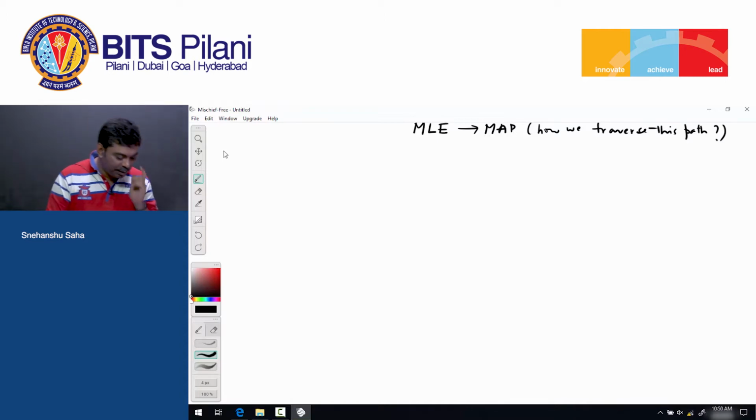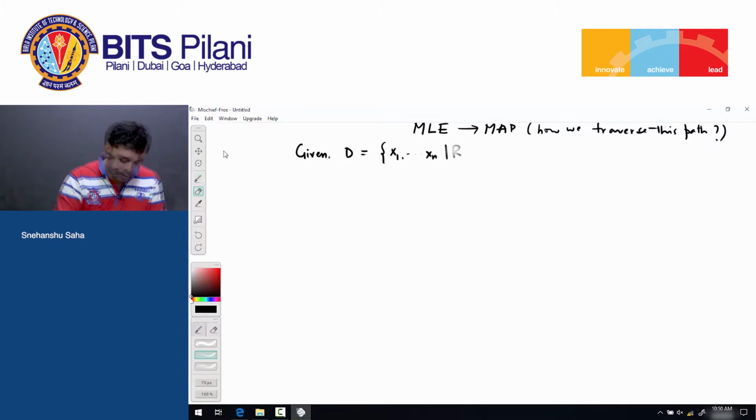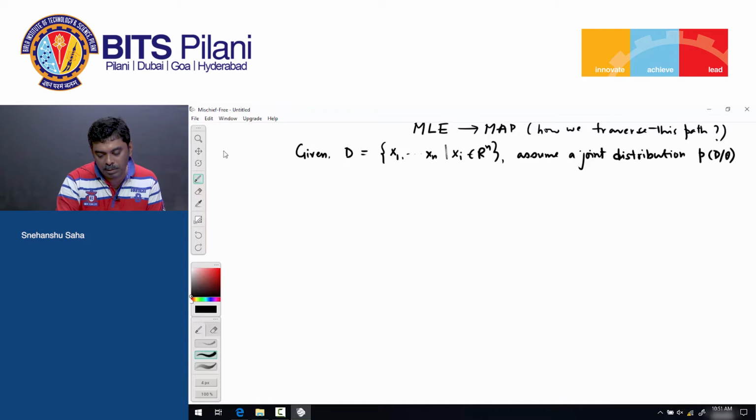So the idea of maximum a posteriori estimation is this: given data sampled from real Euclidean space, we assume a joint distribution. Now theta is a random variable.